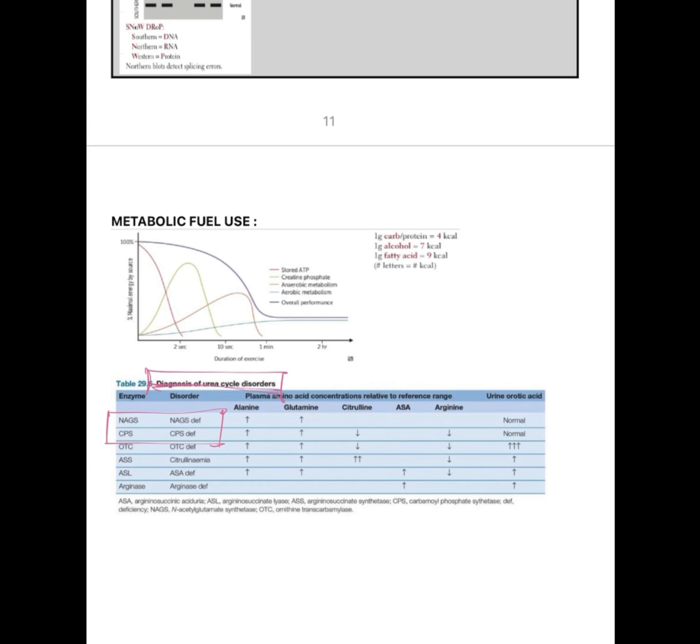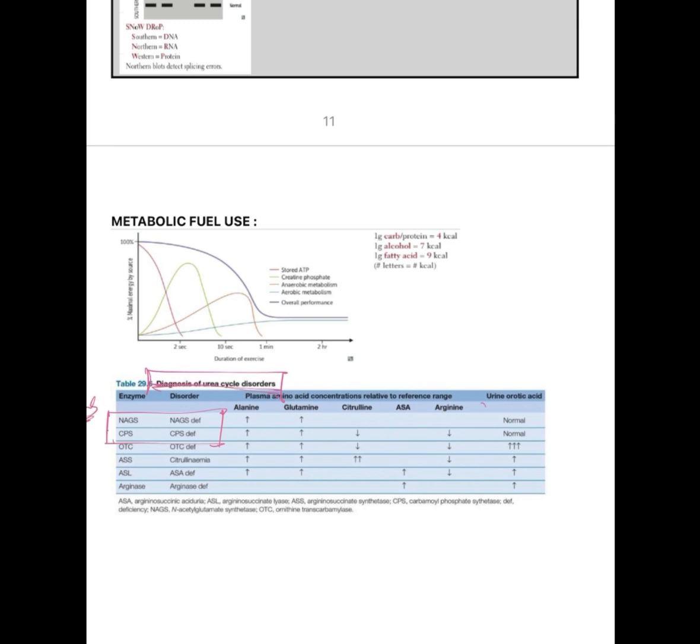These are my two picks which are supposedly going to be asked, the author's picks. For all those candidates who have bought our notes, this comes under my author's picks along with the amino acidemias. So remember these two things which can be asked for your current exam, INI or NEET.